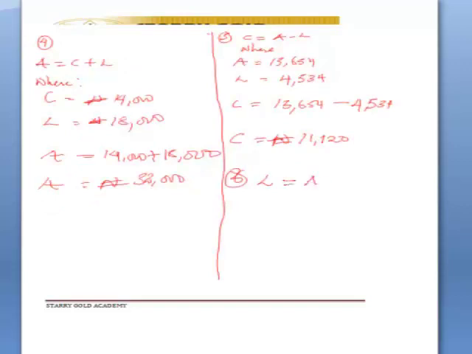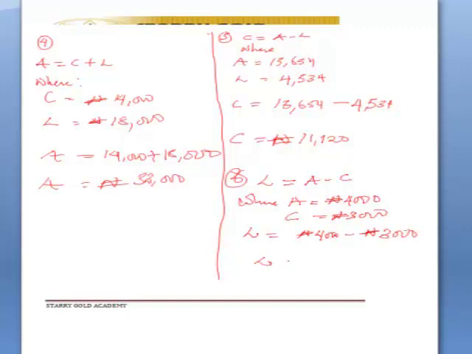So liability equals asset minus capital, where asset equals 4,000 and capital equals 3,000. So L equals 4,000 minus 3,000. Therefore L equals 1,000 naira.